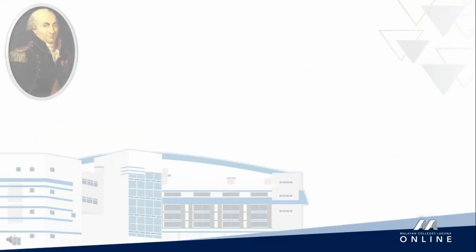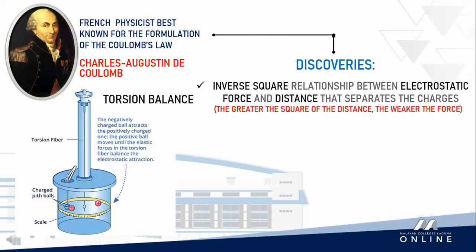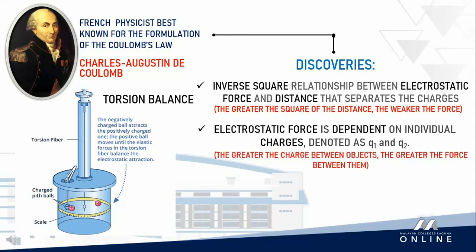Charles Augustin de Coulomb described the force between two charges using a torsion balance. He discovered an inverse square relationship between the electrostatic force and the distance of separation of the charges. He further discovered that the force is dependent on the quantity on each body, which is denoted by Q sub 1 and Q sub 2.